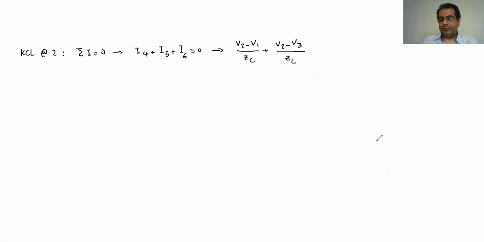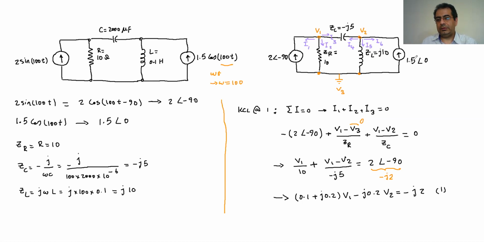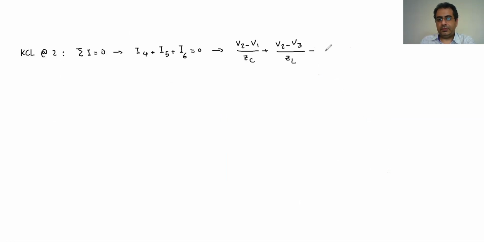And I6, we know the magnitude is 1.5 with angle of 0, and the direction we chose is opposite, so it's negative 1.5 with angle of 0.